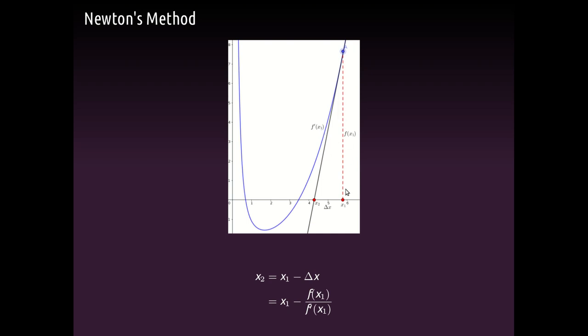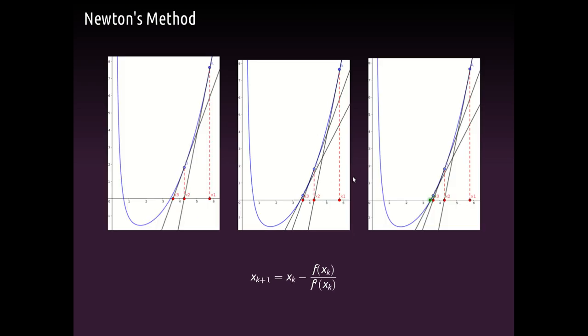So this is the value of function f of x at point x1, and this is the first derivative of f of x at x1. So if we manage to compute this ratio f of x1 divided by f dash of x1 and subtract it from x1, we can obtain the point x2, which is closer to the root of the function f of x than x1.